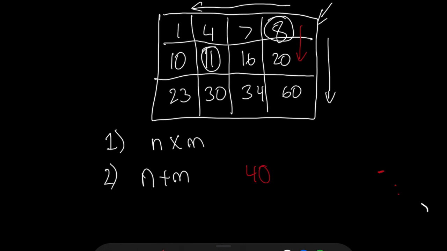So we'll go down again to 60, and then we'll go to 34, and then we'll see that it's less than 40, but there is no down, because we'll go down and then we'll reach the end of the matrix. And when we have this condition, we'll know that we can't find the value, and then we'll just return false.